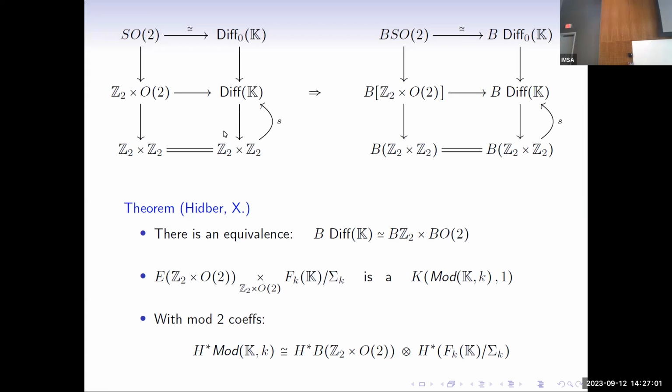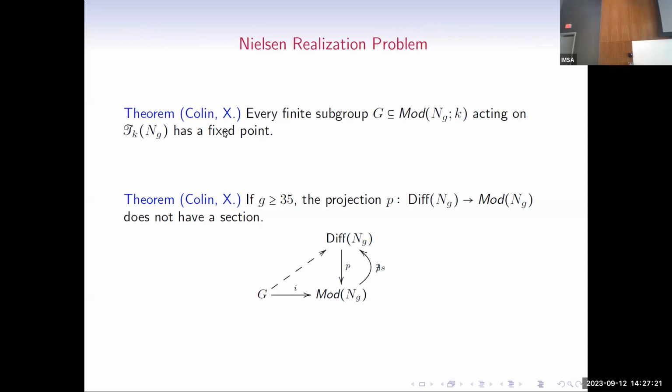It's at the level of groups. You have some group equation that is a homotopy equivalence, and then when you pass to the classifying space, you also have a homotopy equivalence. Yes. All right.